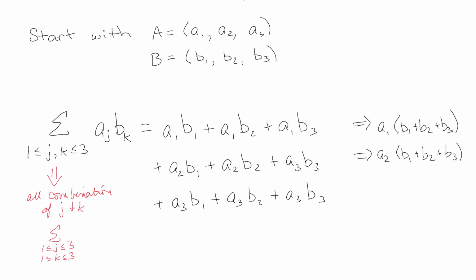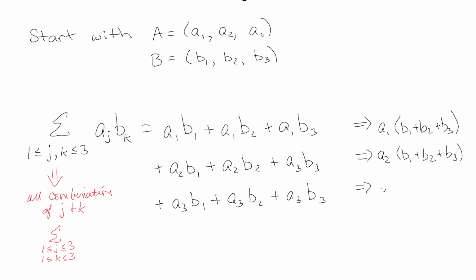And if I factored out A3 out of this one, it'd be B1 plus B2 plus B3, right? So if I was going to take this summation, I could also factor out, so it's like A1 apples plus A2 apples plus A3 apples is A1 plus A2 plus A3 apples. So it'd just be A1 plus A2 plus A3 times the quantity B1 plus B2 plus B3.